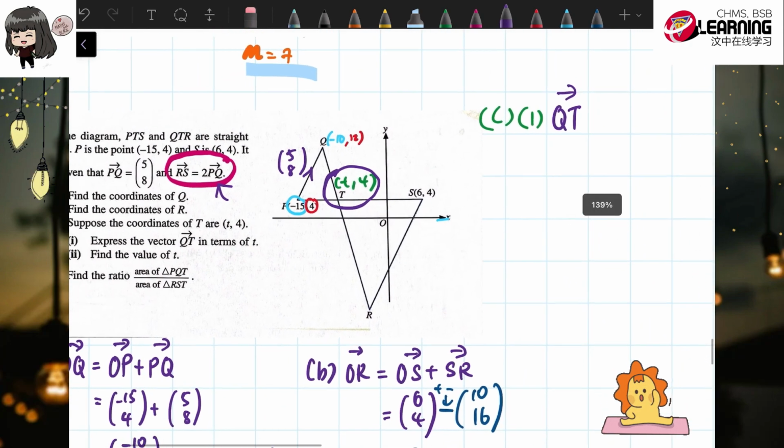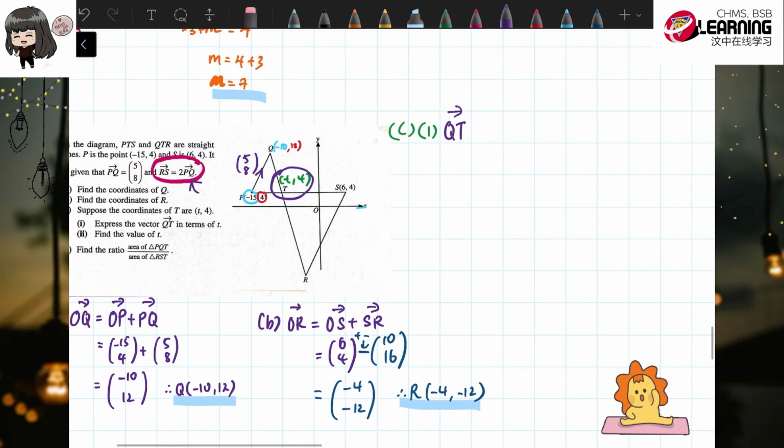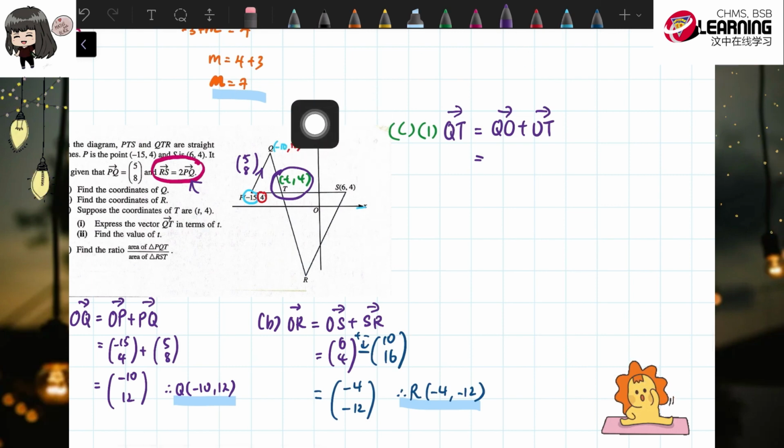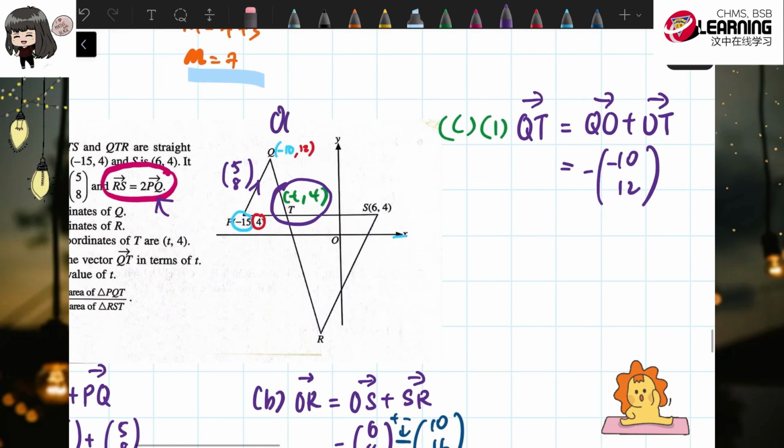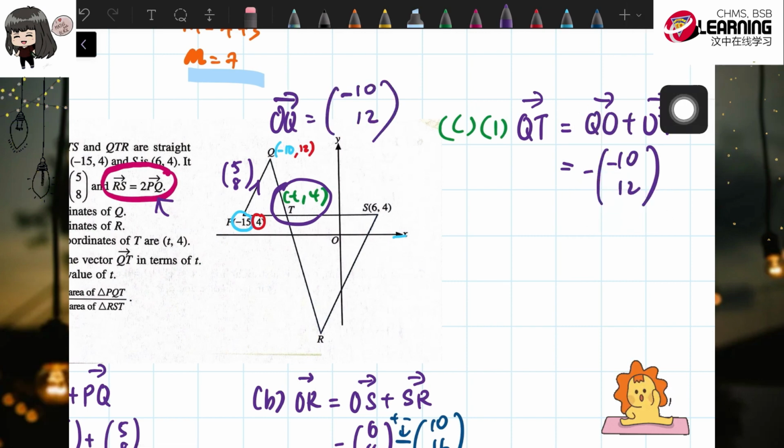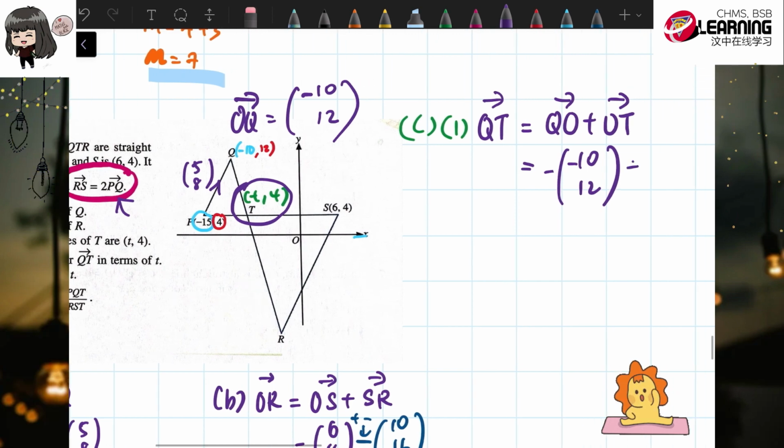So to find QT, Q goes to O plus O goes to T. Because you have the coordinate of Q, (-10, 12), QO will be (10, -12), or I put a negative in front: negative of OQ, negative of (-10, 12). This is OQ, your OQ is (-10, 12). So for QO, I add a negative there, and plus OT. OT is (t, 4), because this is your OT.